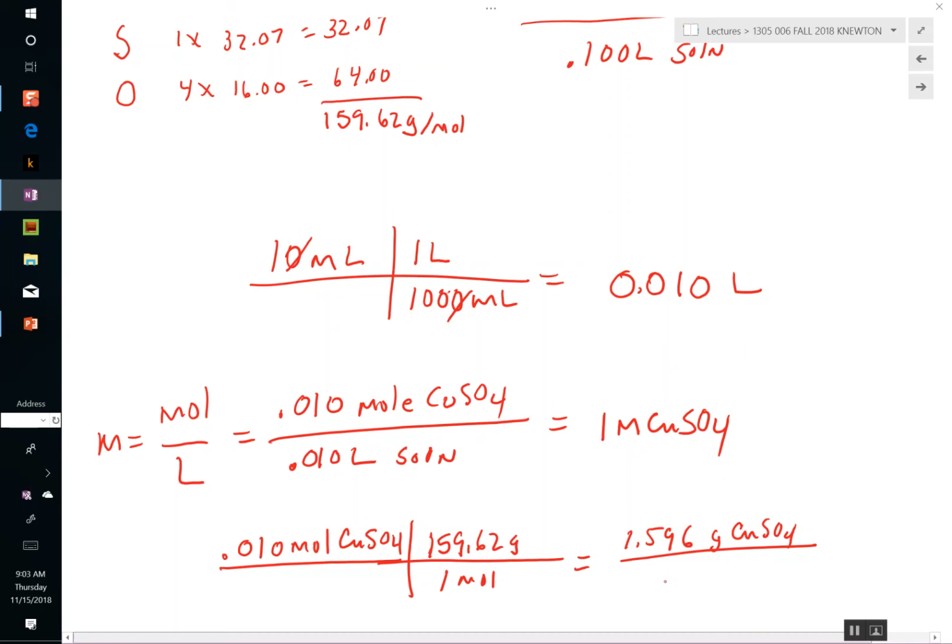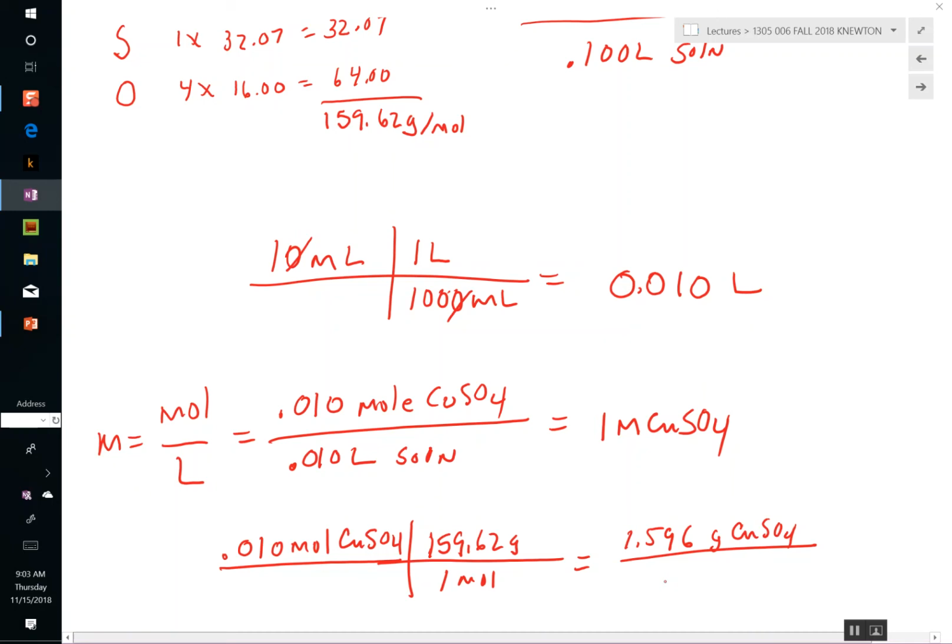I could take 10 milliliters of this and put it in a 100 milliliter flask. Get it all in there and fill that flask up. And now what I'm doing, I'm diluting the copper sulfate.